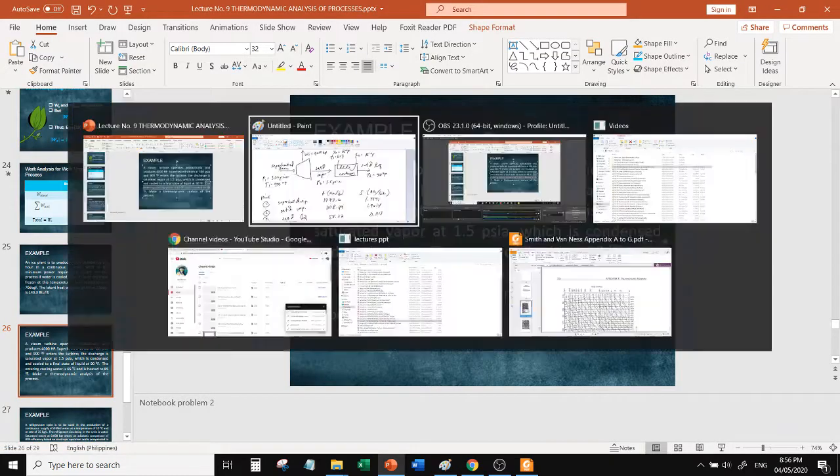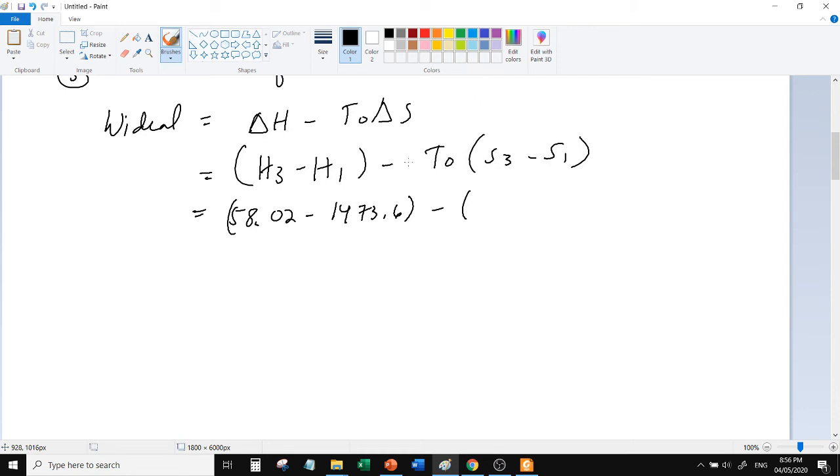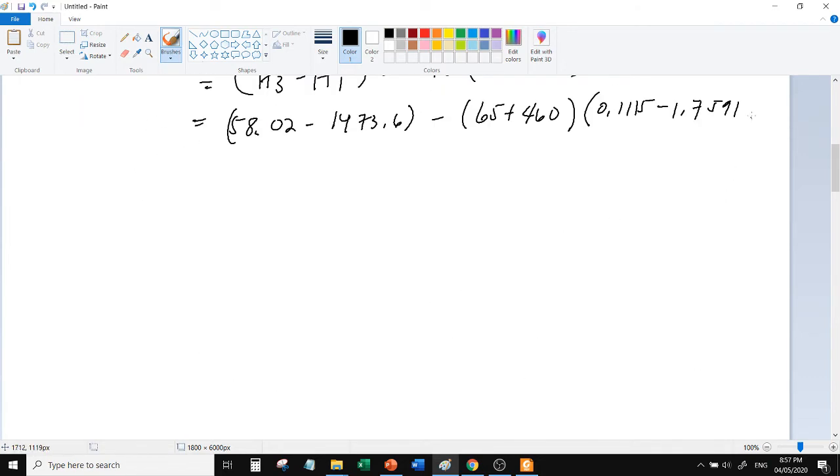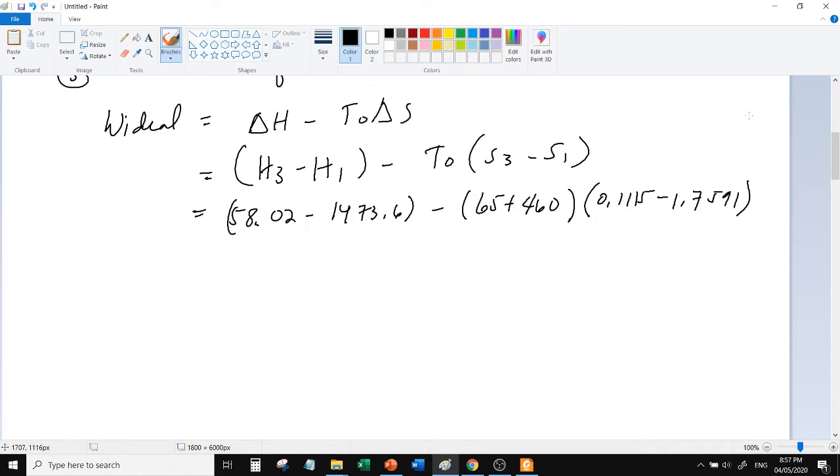Equal siya dun sa cooling water na pumasok. So, 65 plus 460 times yung S, 1.75. Tama. So, yung work ideal, equal siya sa negative 550.59 BTU per pound.